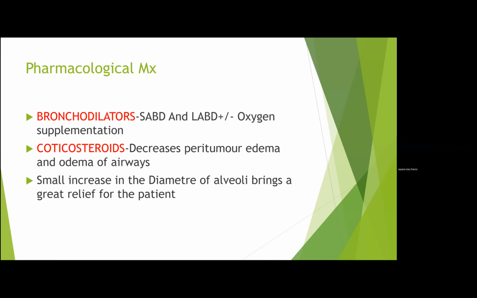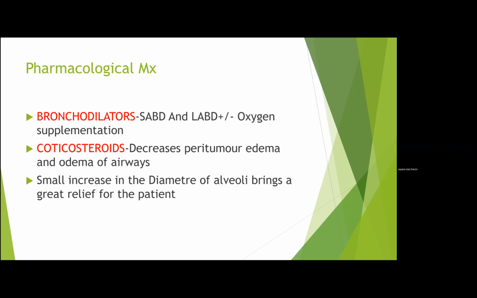Corticosteroids in cancer are very helpful, because not only in lung malignancy but in other cancers also, most tumors will be surrounded by peritumor edema. There will be a tumor, and around that tumor there will be edema.